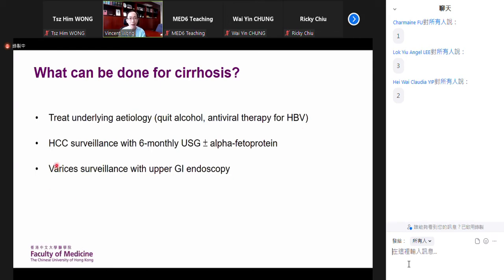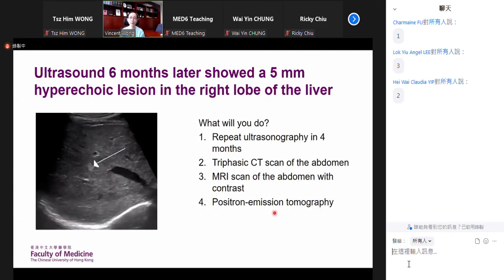The second thing you can do is to provide HCC surveillance using 6-monthly ultrasonography and also alpha-fetoprotein. Now, we also perform a GI endoscopy for varices surveillance. Okay, in this particular case, ultrasound scan 6 months later showed a 5 mm hyperechoic lesion in the right lobe of the liver.